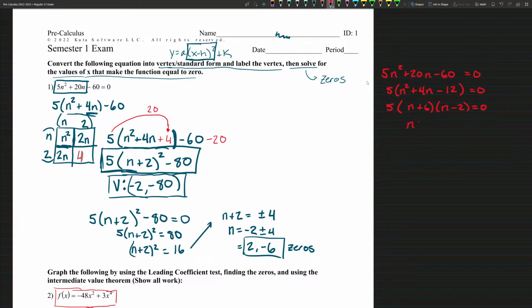So we get n plus 6 equals 0, or n minus 2 is equal to 0. So n is equal to negative 6, or n is equal to positive 2. Again, I'm reminding you, this is just a different way to do this problem. If the stuff in blue on the left makes sense, don't worry about this. So we have two zeros now.